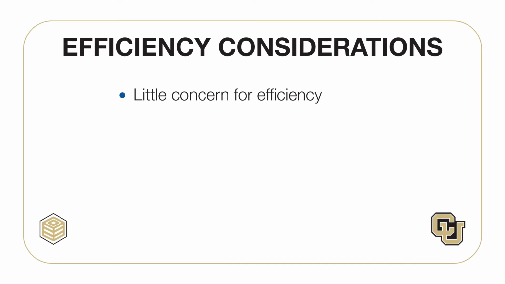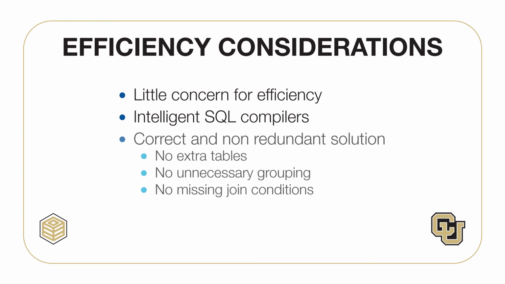I will finish this lesson with some brief comments about efficiency considerations. The good news is that there is little concern for efficiency with today's intelligent SQL compilers. The major concerns are extra elements in your select statements, including extra tables and unnecessary grouping.